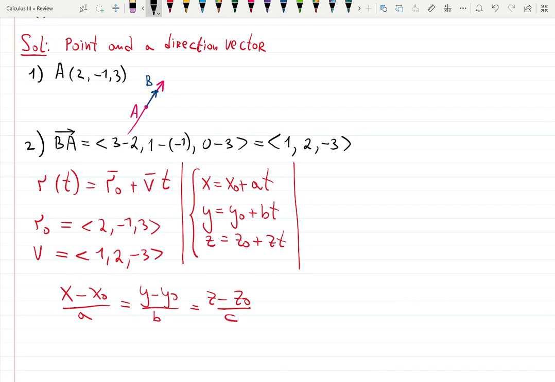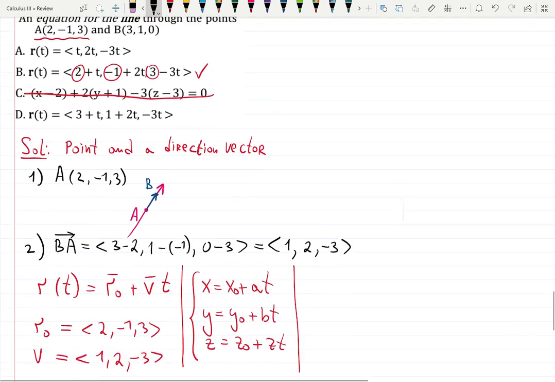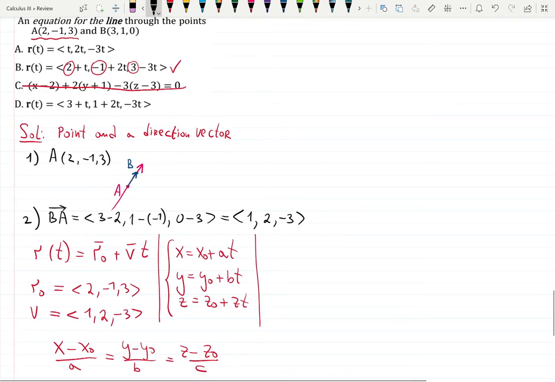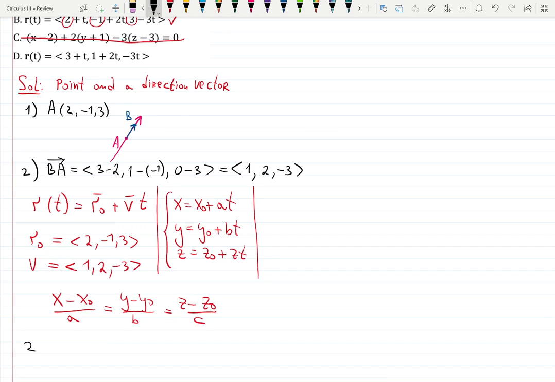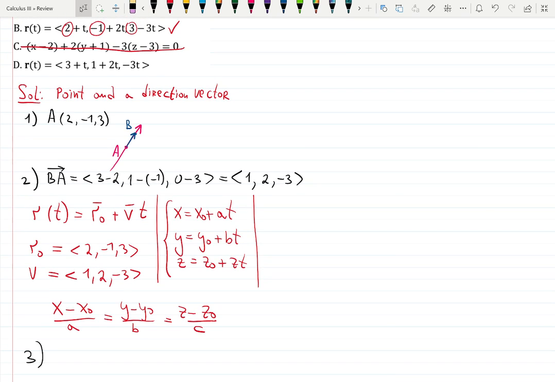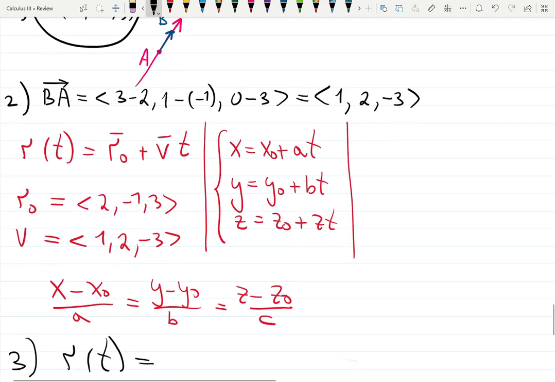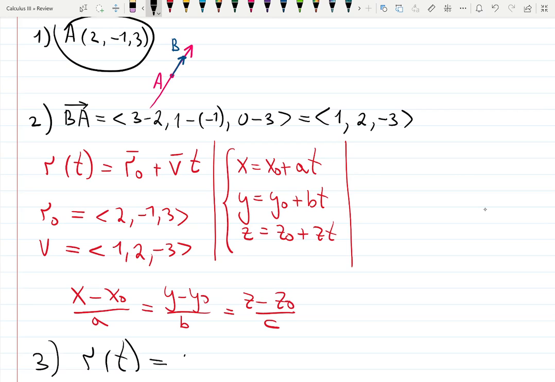What is the final answer of this problem? And the final answer is going to be, just like we mentioned earlier, it's actually just b. So let me write it carefully. Step 3, we have a point which is, let me write down, r(t) equals a point (2, -1, 3).